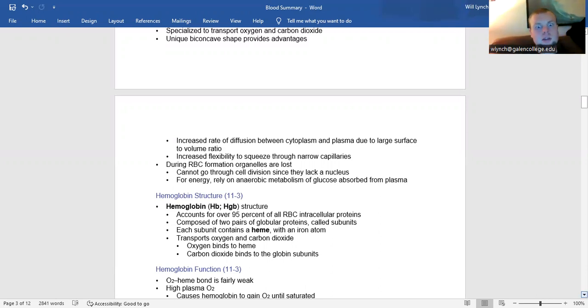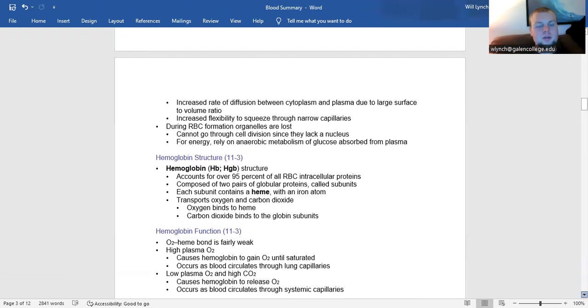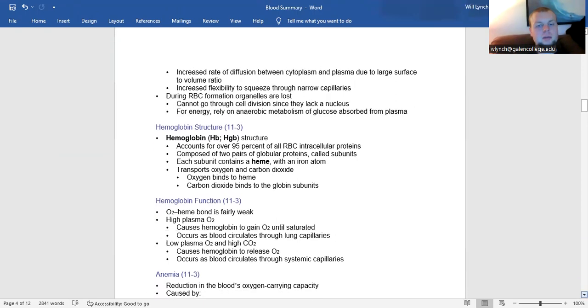Each hemoglobin unit contains 2 pairs of globulin proteins, so 4 globular proteins, and each subunit, each of the 4, can bind to an oxygen. We bind oxygen via the heme groups. We bind carbon dioxide via the globulin units.